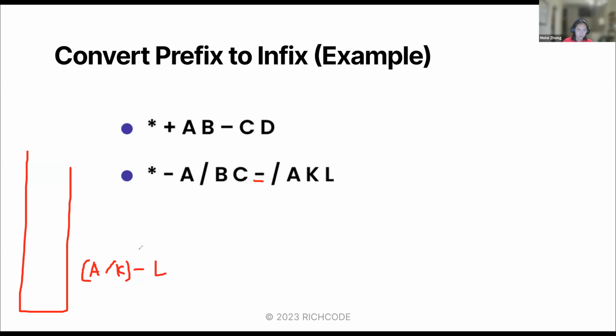Then we have C, which goes on top of the stack, and then B, which goes on top of the stack. And we get divided by. So we take these top two, B and C, and turn it into B divided by C.